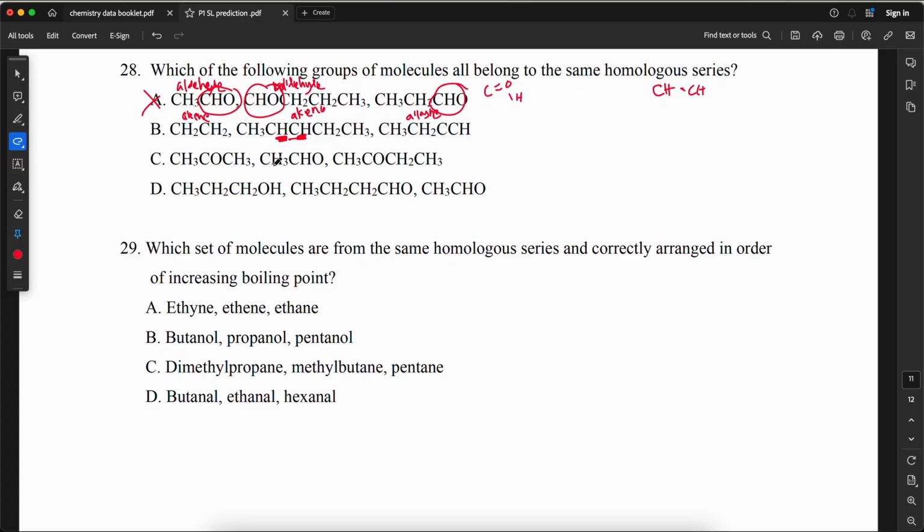For this one, ketone, because C double bond O. And this one, CHO, aldehyde. This one, ketone again. No, not the same functional group. This one, alcohol. This one, aldehyde. And this one, aldehyde. So homologous series needs to have the same functional group, which is A: aldehyde, aldehyde, and aldehyde.